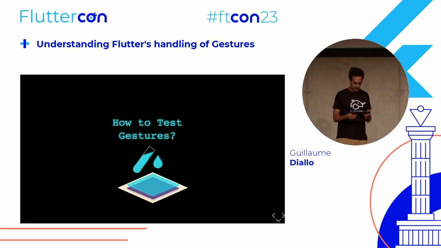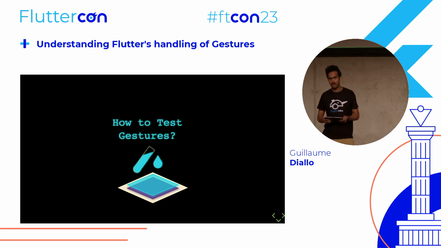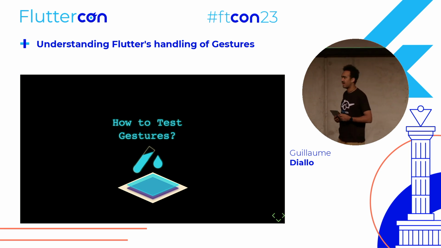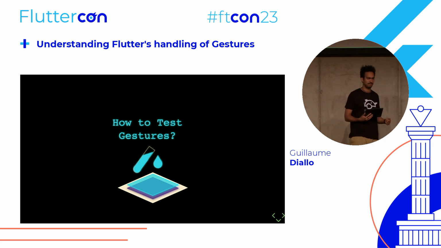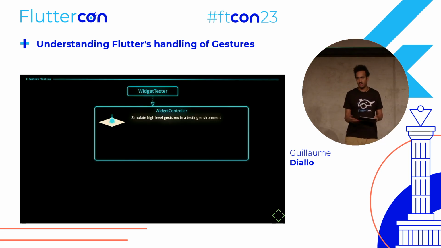Final thing, how can we test all the gestures? So we've seen how to implement our own custom gesture recognizer to be able to detect and recognize any kind of gesture. We've seen how we can disambiguate overlying gesture detection and make them react to the same gestures. To test this, there's this awesome widget tester API that holds everything you need.